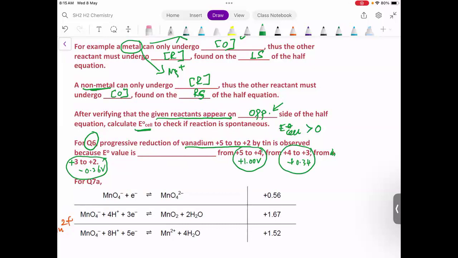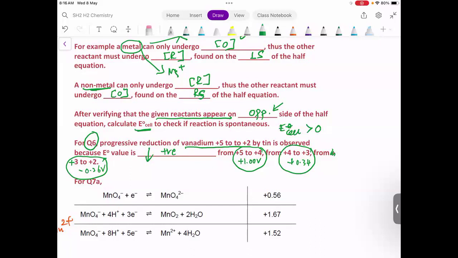So you can see from this trend that the E0 value is decreasingly positive. So it gets more and more difficult to reduce it. That's why it's a stepwise reduction. It doesn't get easier, it gets more difficult.